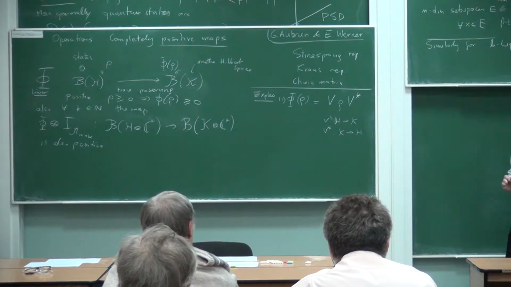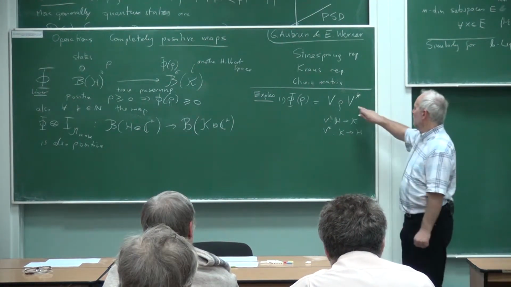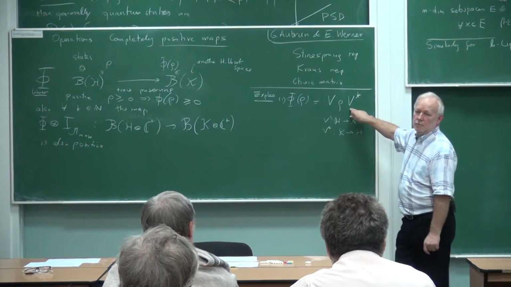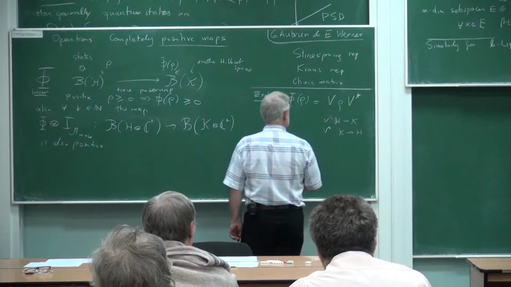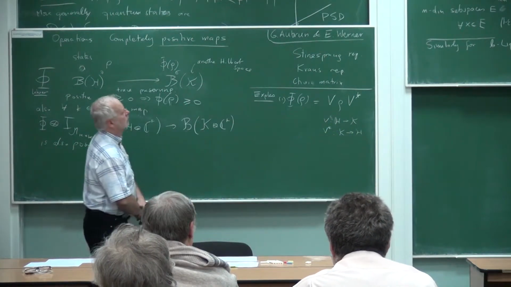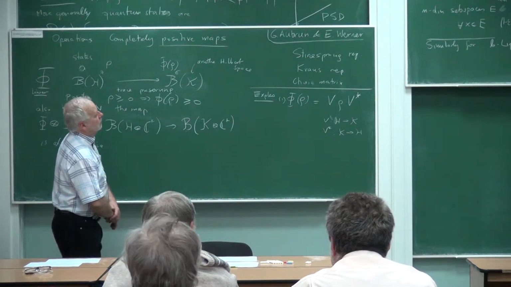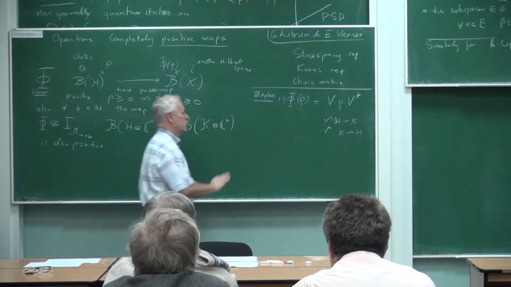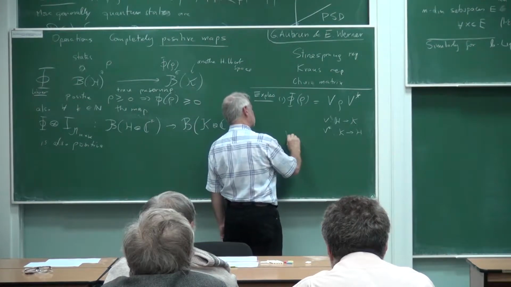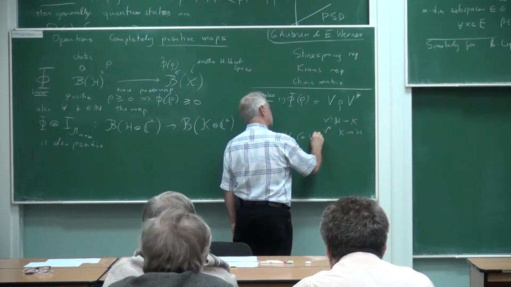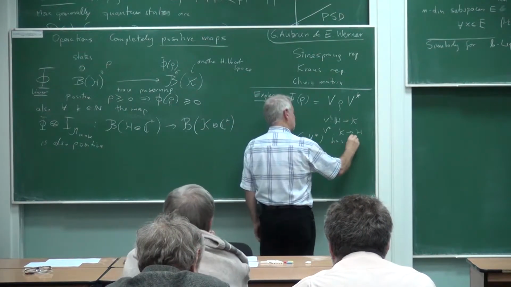But in order for this to be trace preserving, it is necessary that V is an isometry. V has to be an isometry. Okay, so V or V star. Well, I think V, but we'll see that later. So V or V star has to be an isometry.